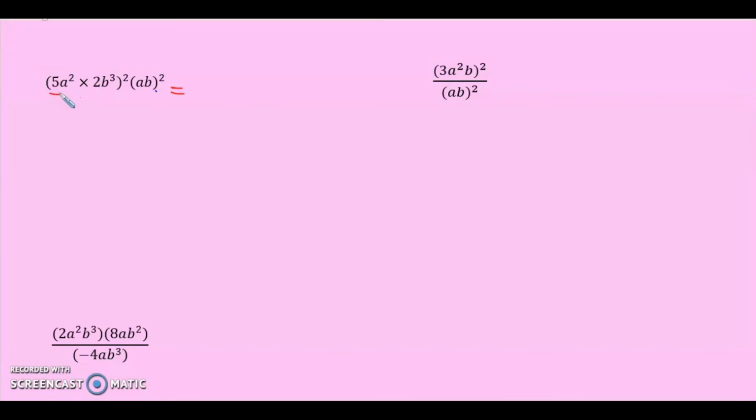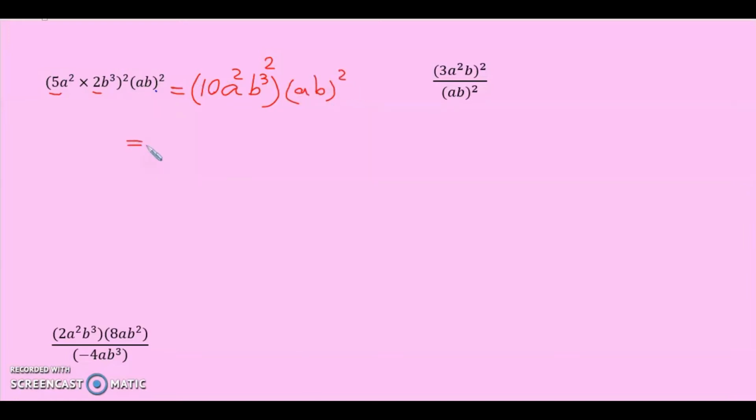So if I multiply 5 and 2, inside the first bracket I will have 10, isn't it? And I have just one a squared and then b cubed, which is supposed to be raised to the 2 again. For the second bracket, I do not have anything to simplify inside, so I'm just going to copy it.